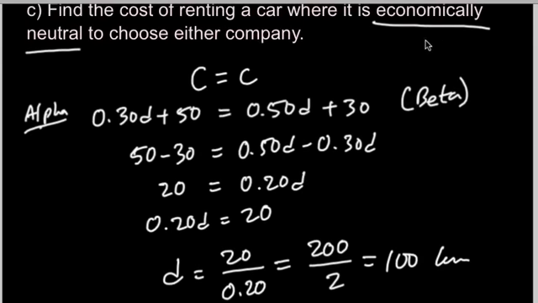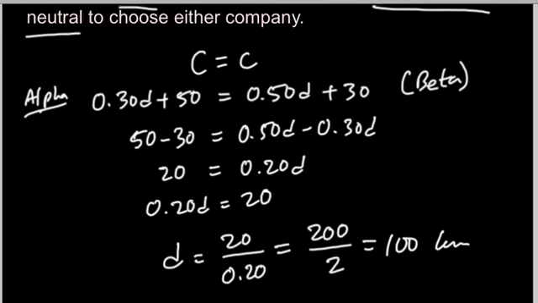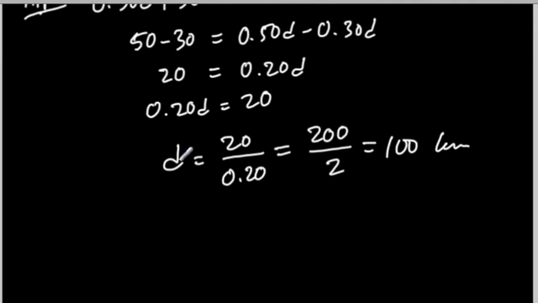But the question said find the cost. We're not interested in the distance driven, we're interested in the cost. So to find the cost, we pick any of the equations. Let's pick the Alpha company: 0.3D plus 50.